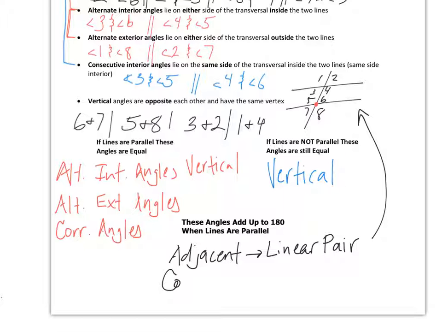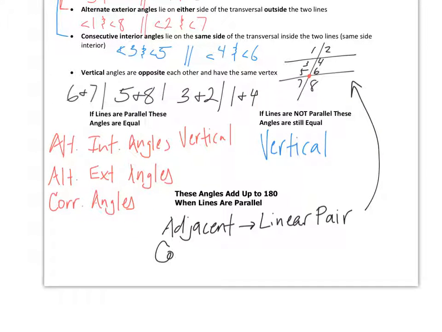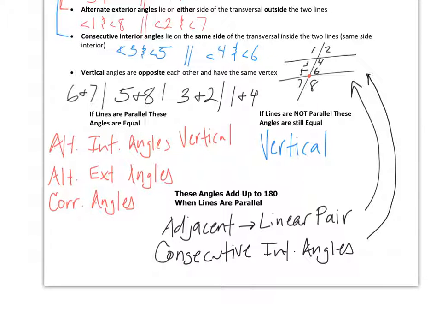How about we look at our consecutive interior angles. That is what I wanted to write. So, consecutive interior angles. So meaning if, again, let's look back up here, guys.